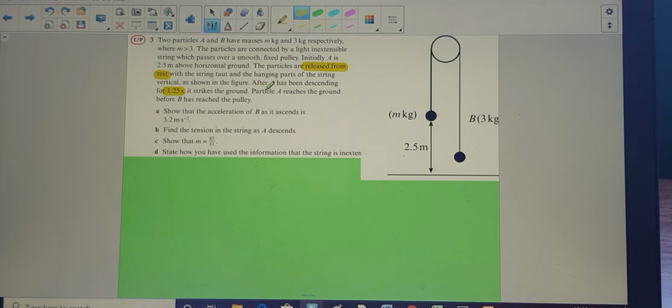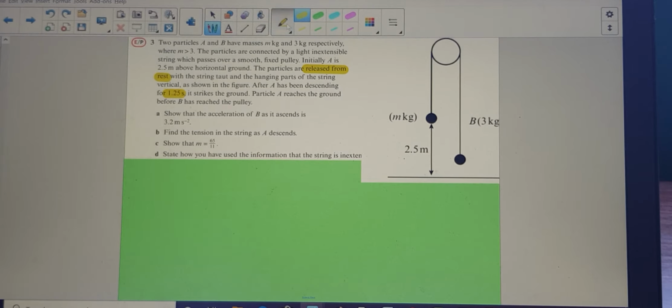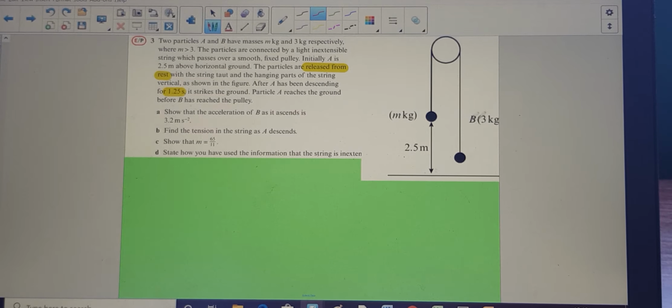Okay, first part. Show that the acceleration of B as it ascends is 3.2 meters per second squared. The first thing I'm always going to advise you to do with this one is label everything that is going on in this diagram. As we discussed, because the mass of this is greater than this, it will be accelerating down this way. This, because they are connected, is going to be accelerating upwards at exactly the same acceleration.